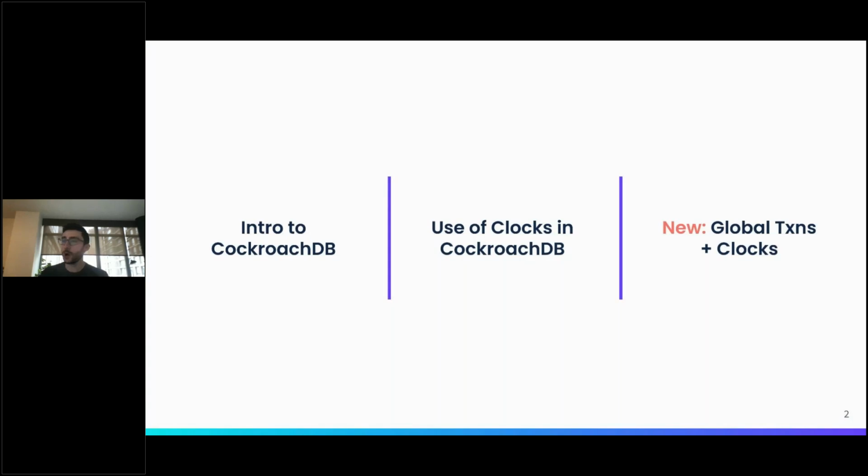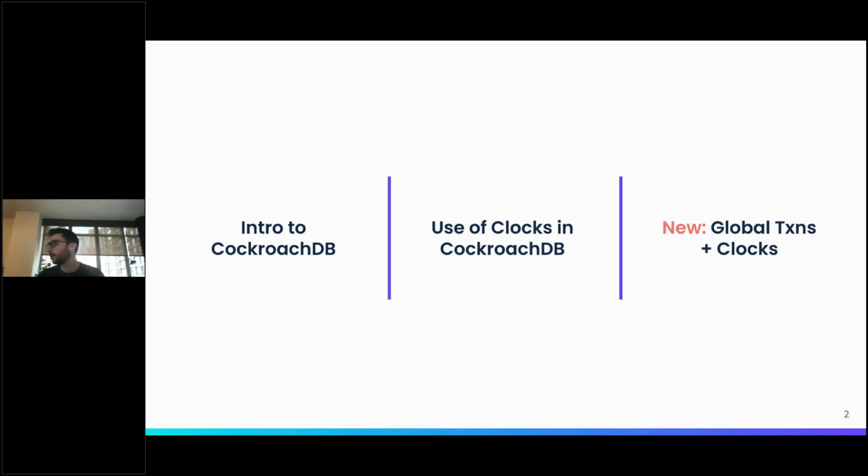So for this talk, here's the schedule. We're going to start with an introduction to Cockroach, because I know it may be new to some of the audience here. We'll then go into a discussion on the use of clocks and clock synchronization within Cockroach, and the areas in which CockroachDB has always used clocks to power its transaction model.